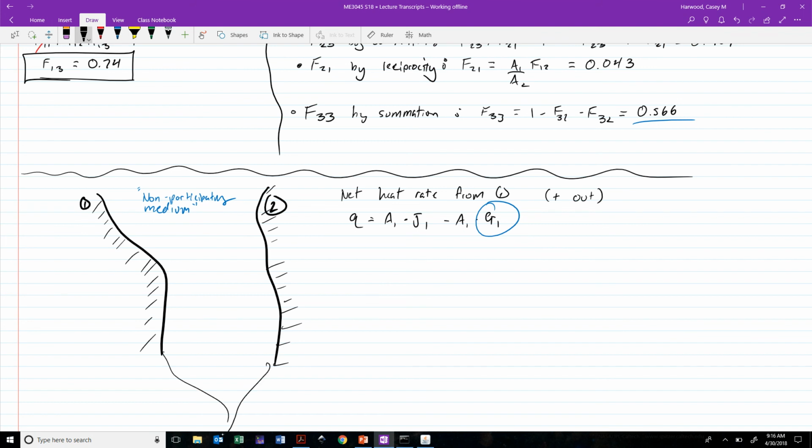If they form an enclosure, then the beauty is we can apply things like the summation rule. The other assumption we can make is that they are diffuse gray surfaces. And we're going to have to wrap this up on Wednesday morning.